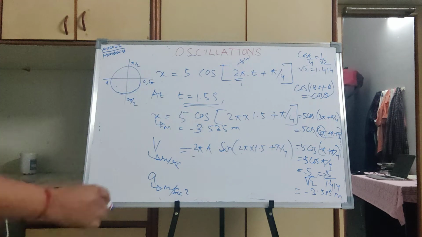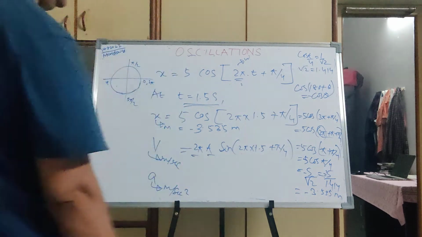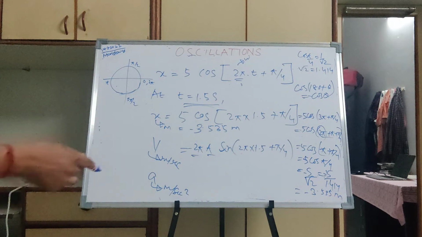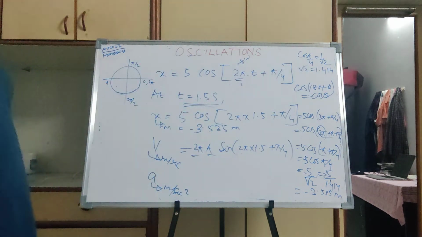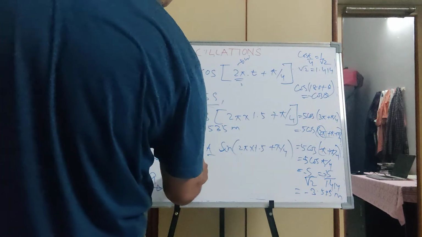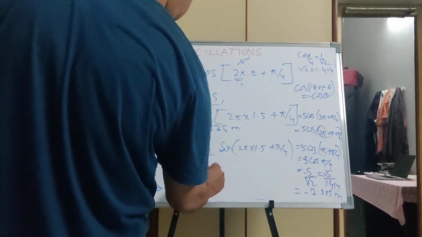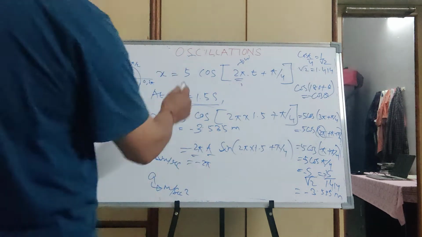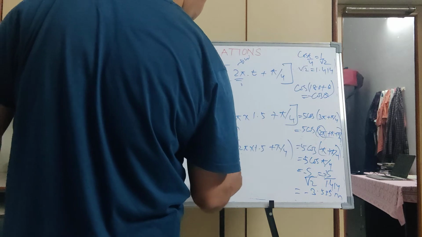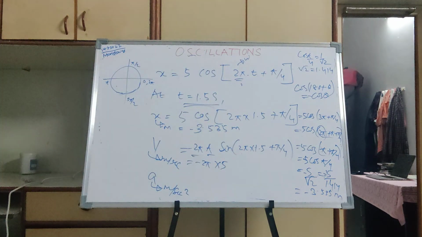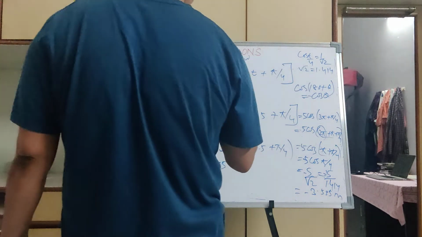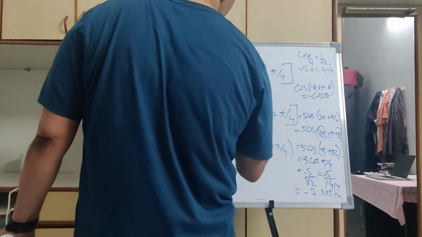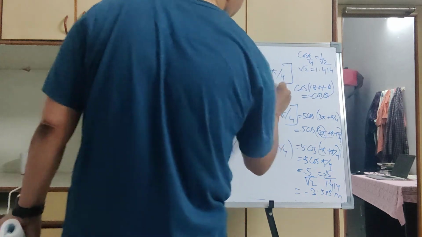So this is 2 pi into a into sine, since cos omega t has become sine of (omega t plus pi by 4), with a minus sign. Your a is 5. From this equation, a is 5 and omega is 2 pi.